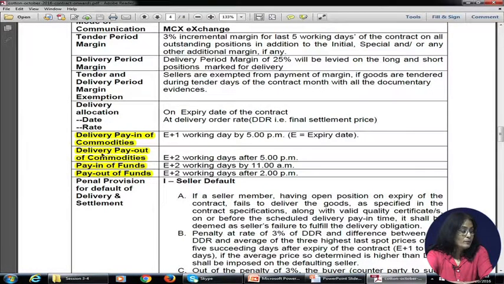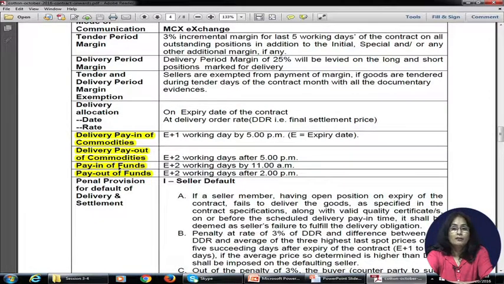Now, delivery pay out of the commodities: the exchange will transfer these warehouse receipts to the long futures position holder on E plus 2 working day after 5 p.m., that is expiry plus 2 days.